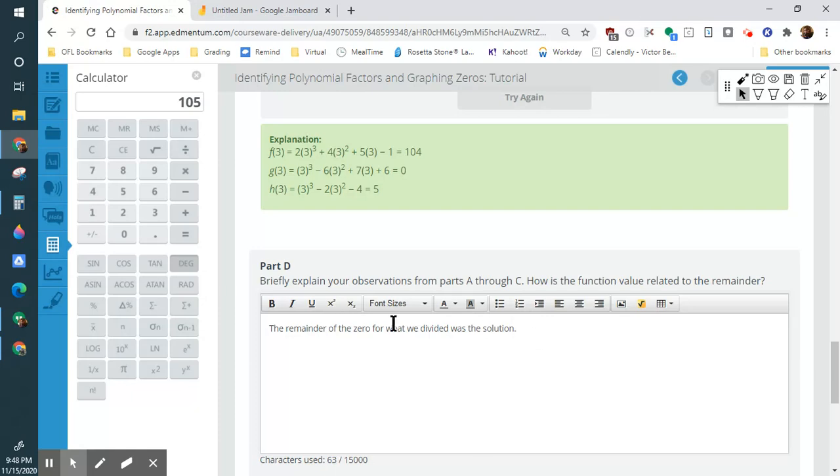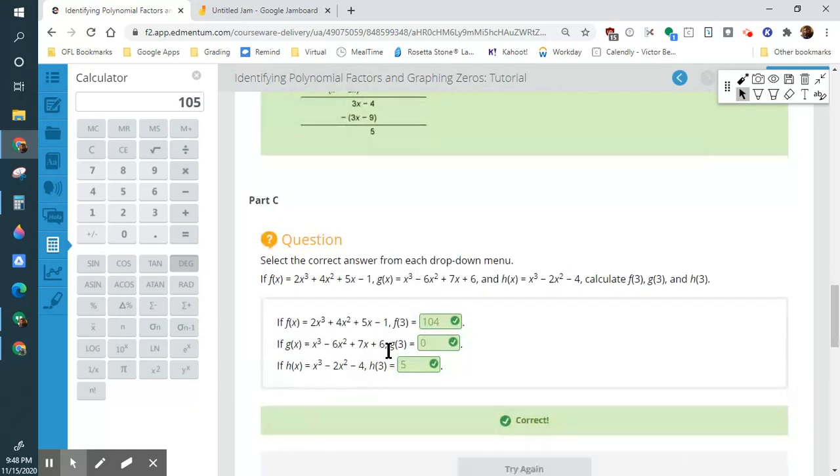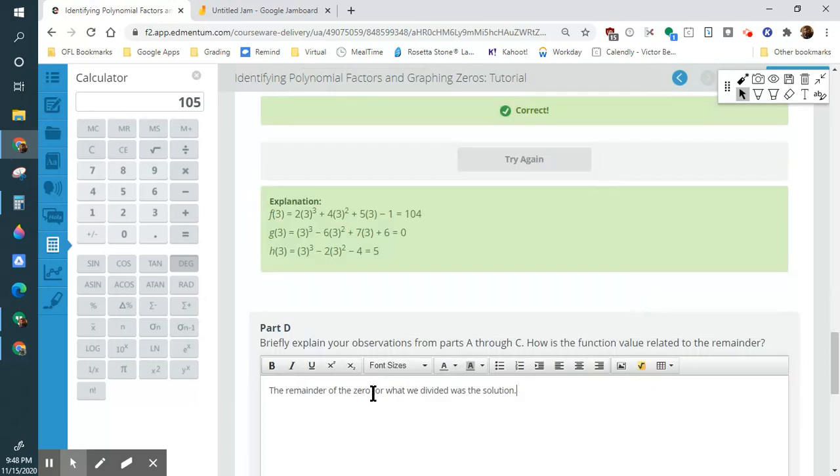I basically used so many words there. Basically, this is a solution to 0. The remainder of the 0 for what we divided was the solution of inputting that value into the equation. And the reason why I say 0 is because I'm saying it's a 0 in the sense that x minus 3 equals 0.